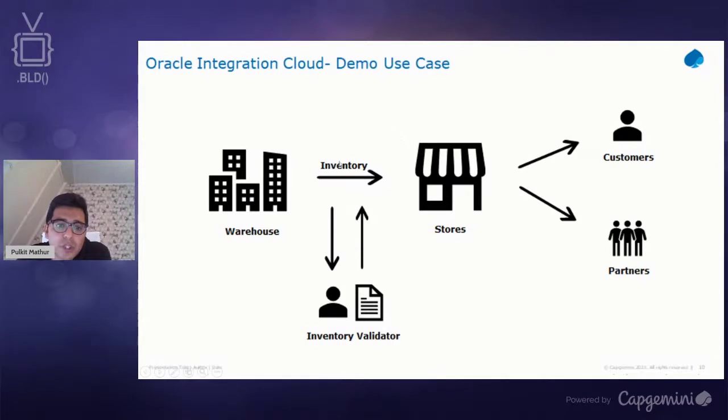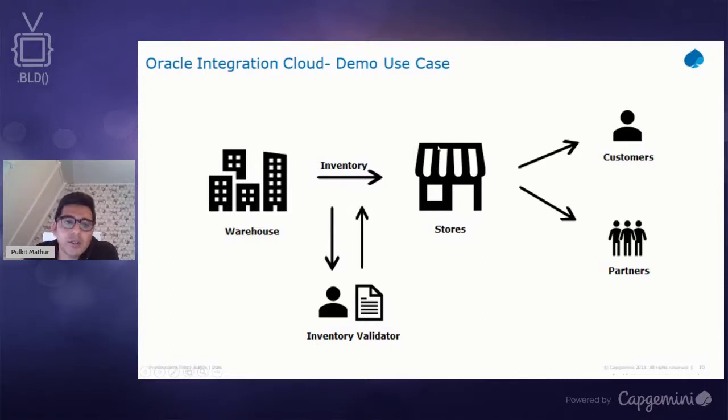To get around this problem, the company also has an inventory validator team, which looks at this Excel file placed in the SFTP location, and it validates every row of that inventory. So for example, maybe the person who is creating the list has said that a table can have 10 legs, or a chair can have 3 legs, etc. So the only job of this inventory validator team is to correct such mistakes.